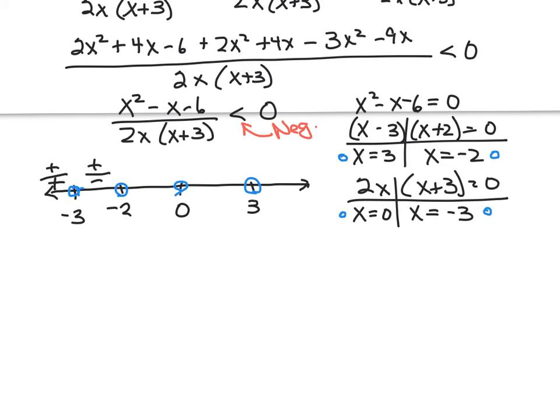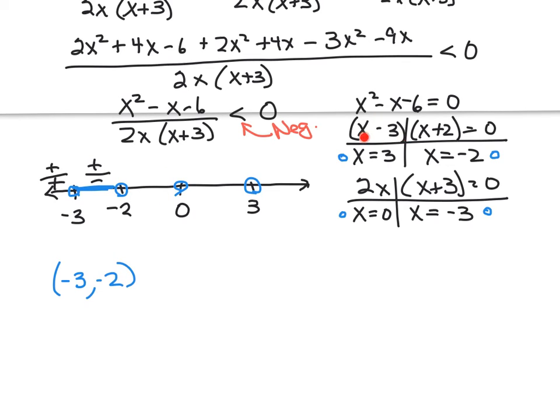Positive divided by negative is negative, so I'm coloring in that section. And in interval notation, I'm going to say let's keep the negative 3 to negative 2 with curved brackets on both ends.